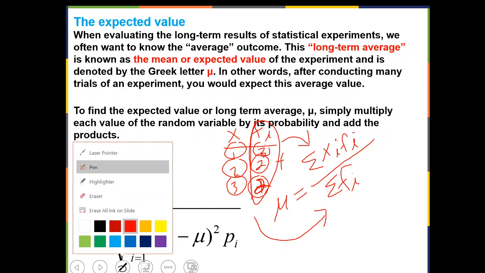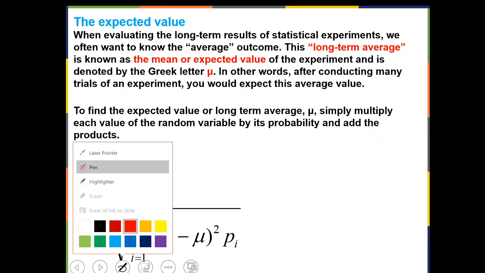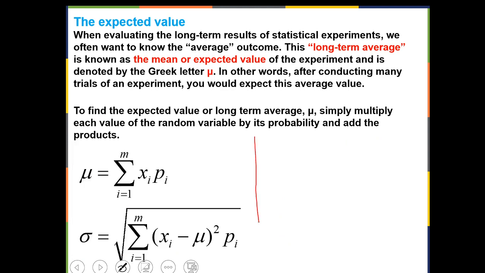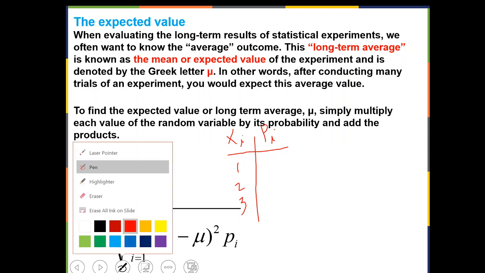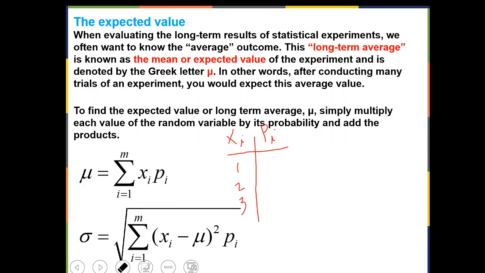But in our case, what we have is not fi but pi. So let's say we have 1, 2, 3, and these are probabilities. Let's do the same example we just did.